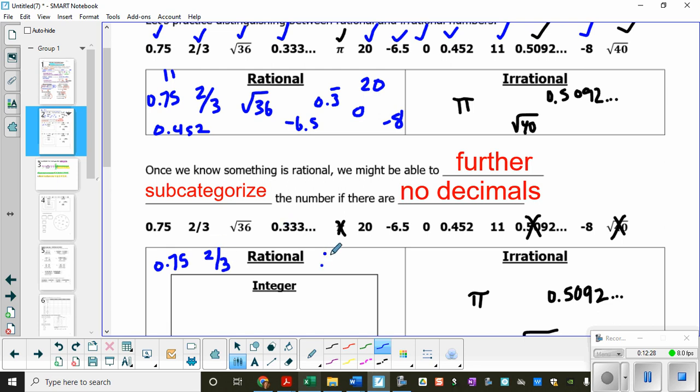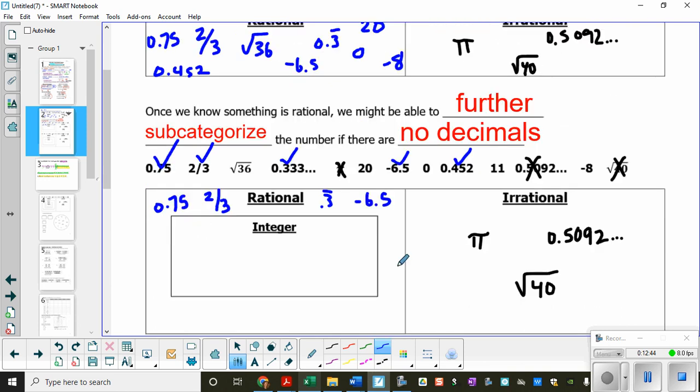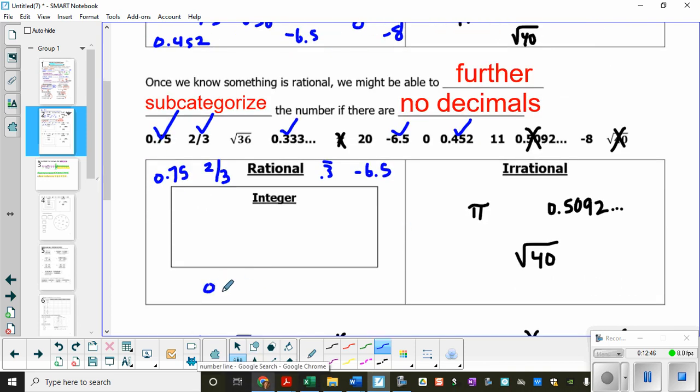We have a 0.3 repeating that we need to put in rational. That's a decimal. So I've got this decimal, that fraction slash decimal. We've got that one. This is a decimal that needs to stay just in rational. This is a decimal that needs to stay just in rational. So we have some space down here where we can put these decimals. And that takes care of everything that had a decimal, all right?